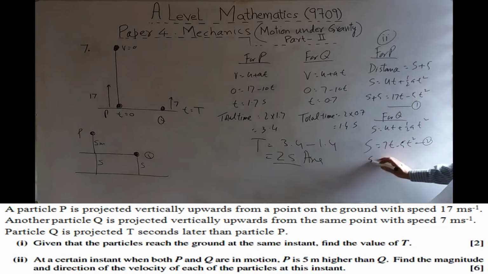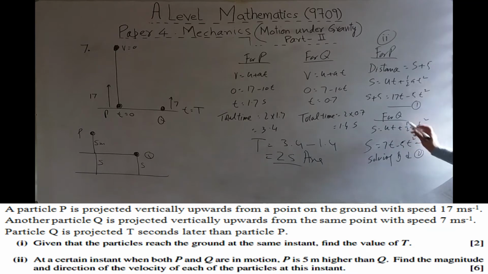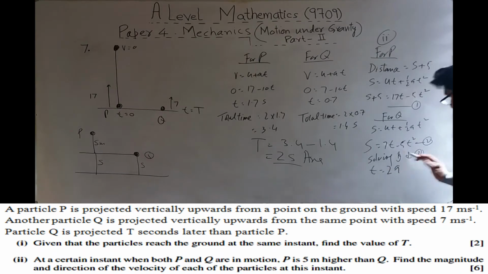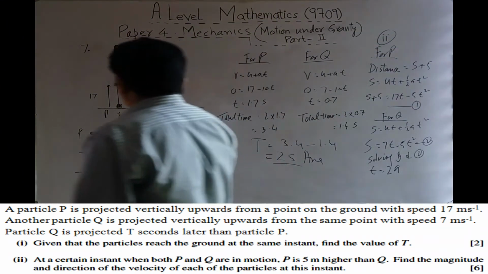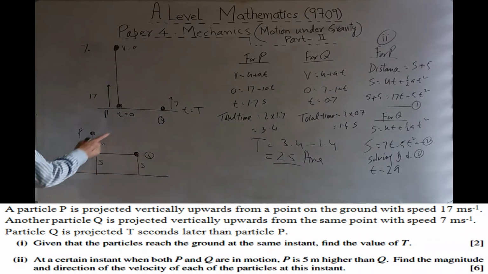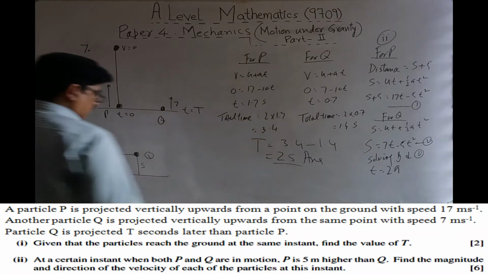If you solve, putting in the values, solving 1 and 2, you do this step yourself, you will get the value of t equal to 2.9 seconds. I am saving your time. So this is the time when P will be 5 meters above Q, but you are asked to find the velocity.